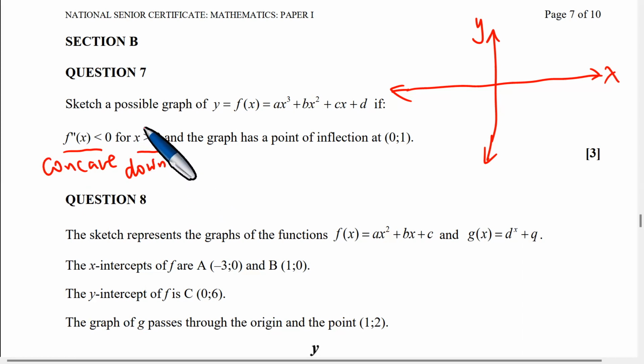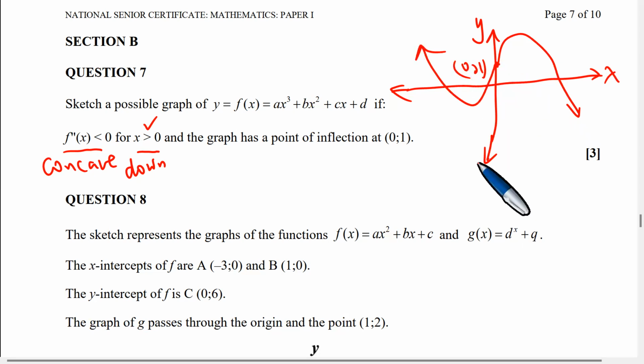Concave down for x positive. It has an inflection point at 0, 1. So concave down here for x positive, and otherwise it is concave up. So this would be a possible graph for 3 marks.